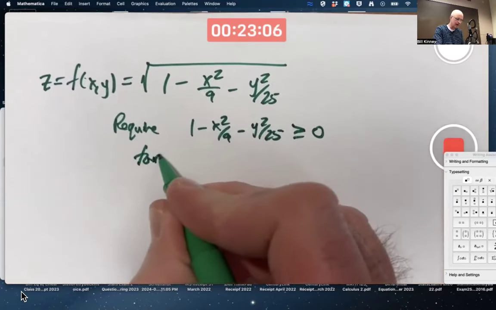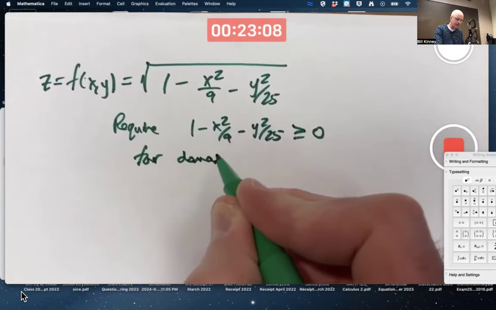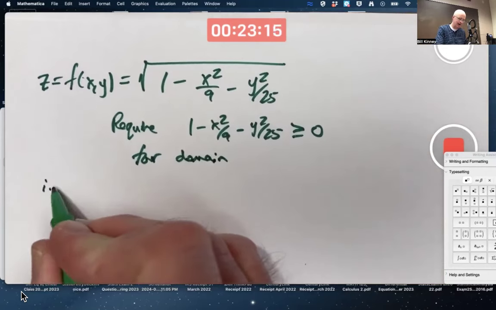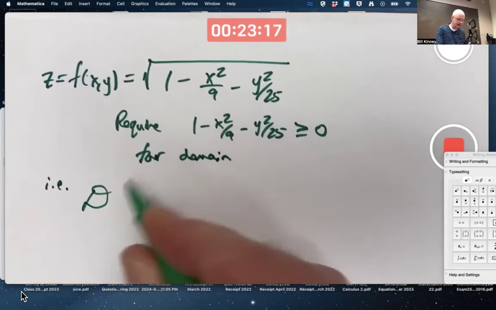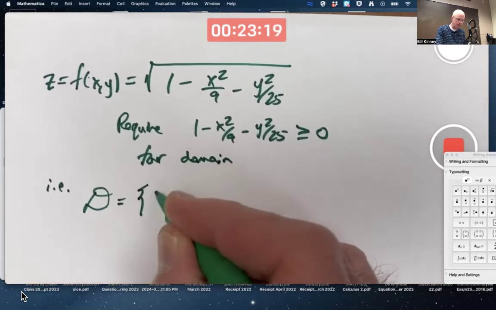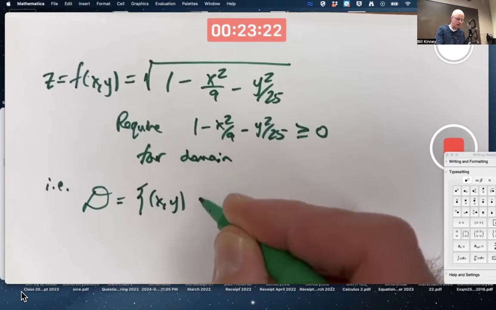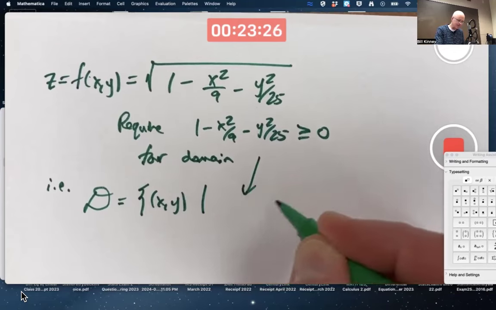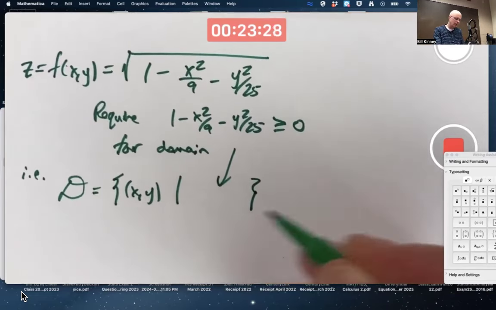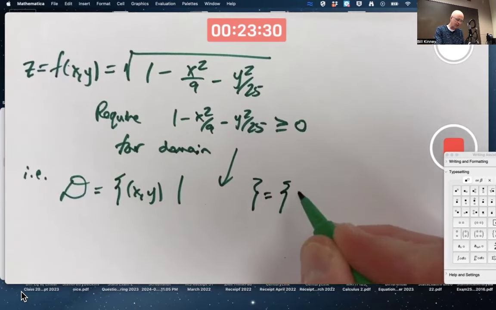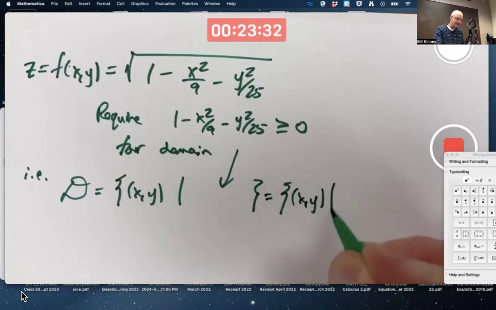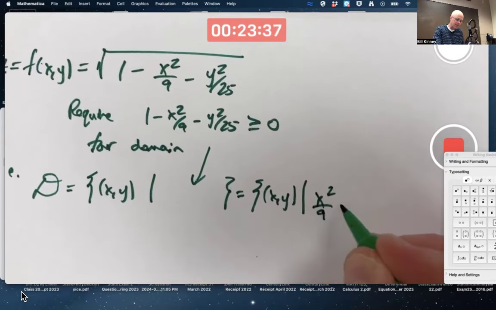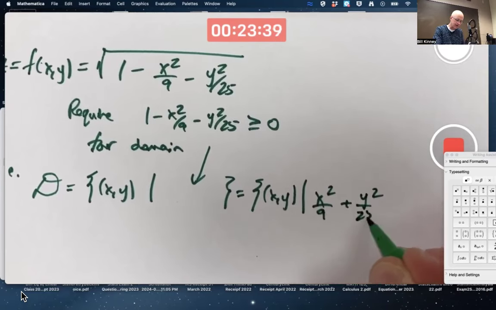In other words, this inequality defines the domain, i.e. the domain, you could call it D, is the set of all points in rectangular coordinates satisfying that condition, which could be rewritten as the set of all points satisfying this inequality, x squared over 9 plus y squared over 25 is less than or equal to 1.